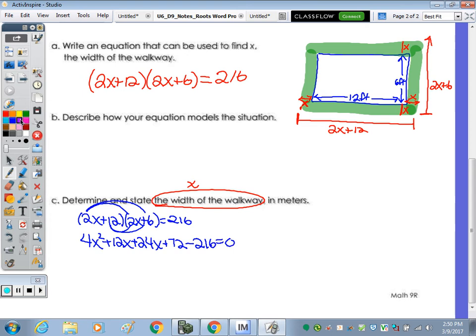Combining all of our like terms, is there any term to combine with the 4x squared? No. So let's bring it down. We combine 12x and 24x to get, good. And then minus 72 minus 216. Now, this can be factored, so we're going to factor it. Is there a greatest common factor?